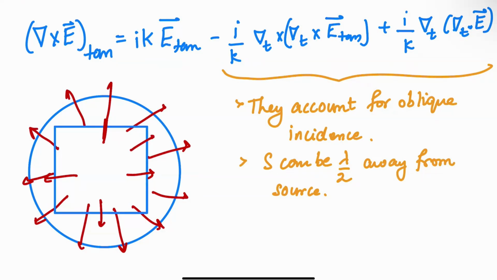So despite that oblique incidence, it doesn't produce any reflections, or the reflections are minimal, by imposing the second order boundary condition. And this del t here is nothing but the tangential component of del. So if you're in the xy plane, then del t would be d/dx x hat plus d/dy y hat.